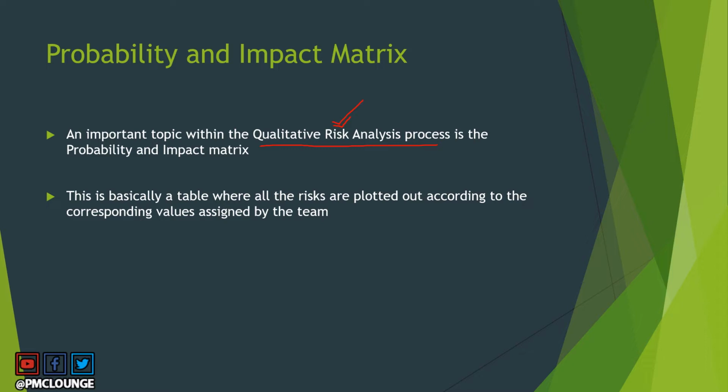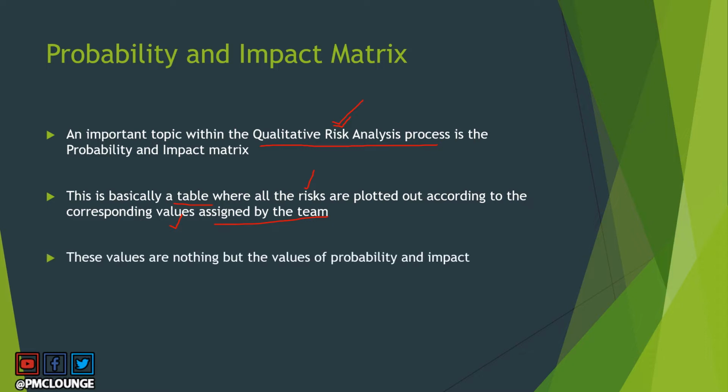Now, this matrix is basically a table where all the risks are plotted out according to the corresponding values assigned by the team. So there are some values that are assigned to every single risk by the project team, and this table basically plots out all those risks based on these values. What am I talking about?